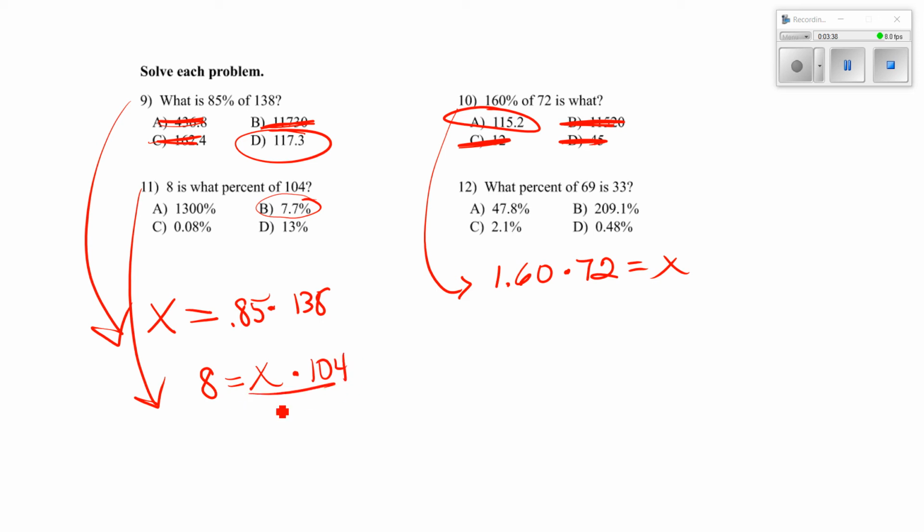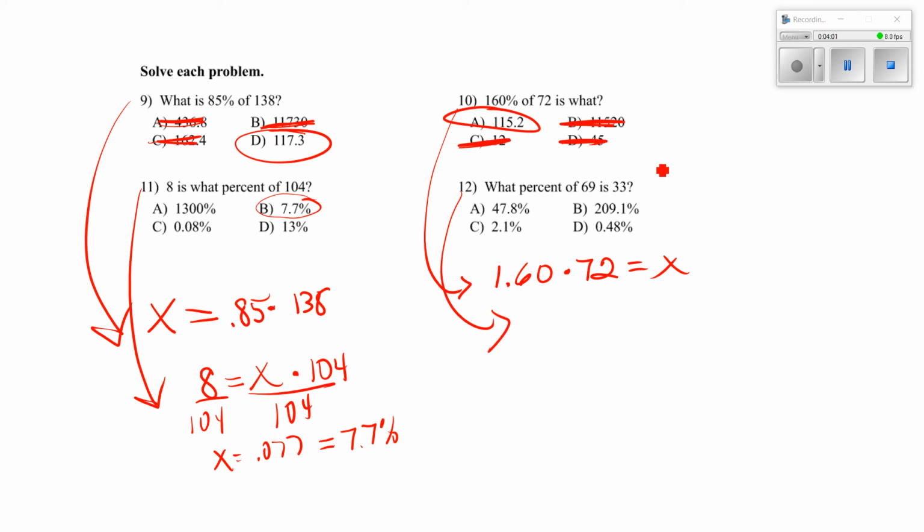So I'm going to solve this by dividing by 104, and I get x is 0.077, which is 7.7%. Notice they gave you the choice of 0.08%. It's 0.077 as a decimal. It's 7.7% to change from decimal to percent.